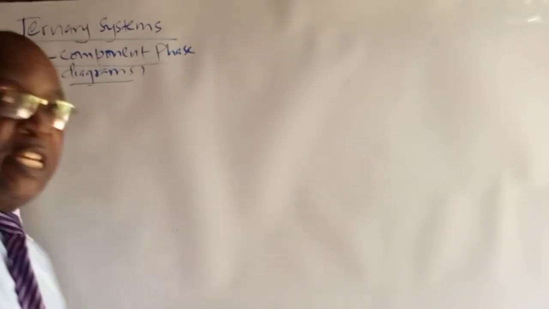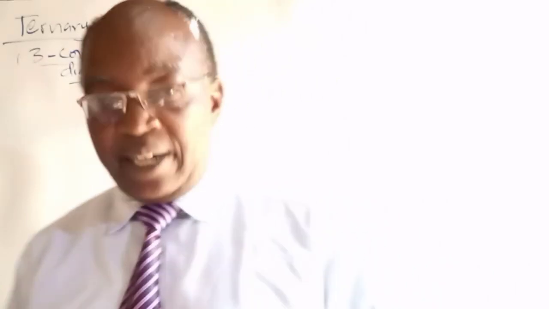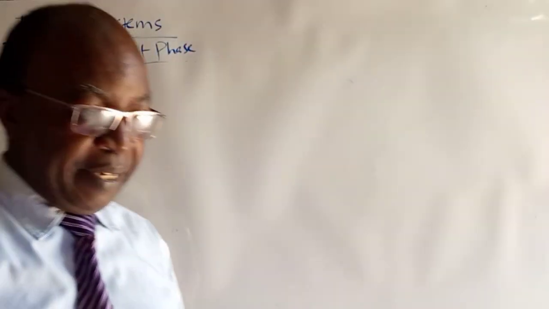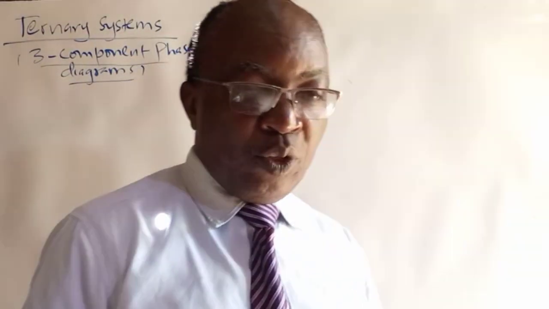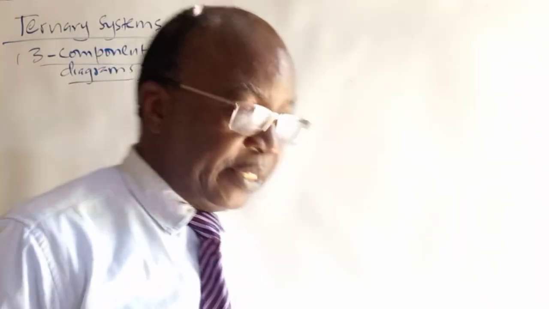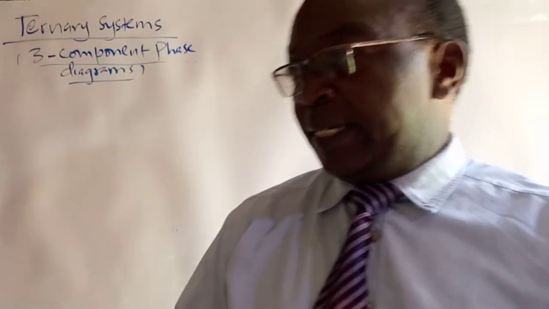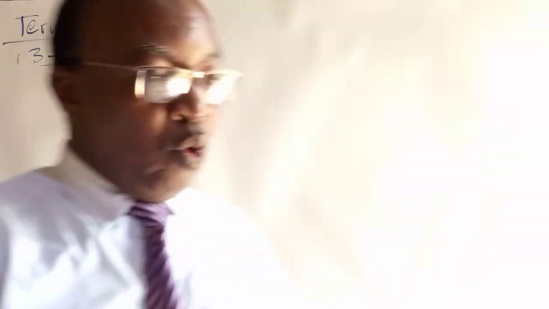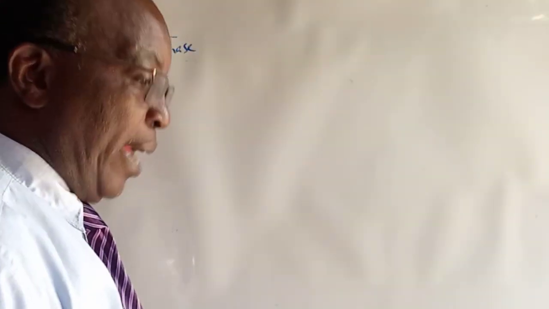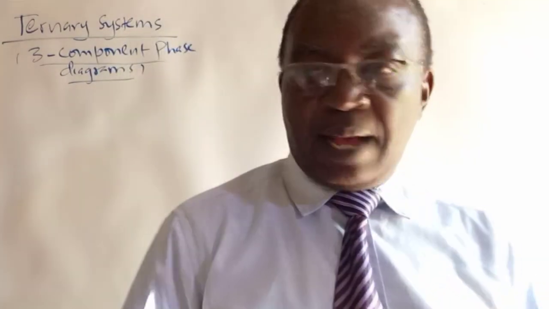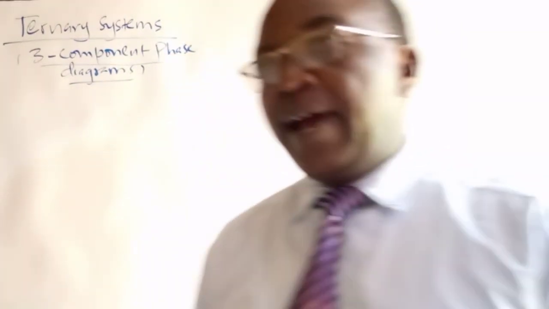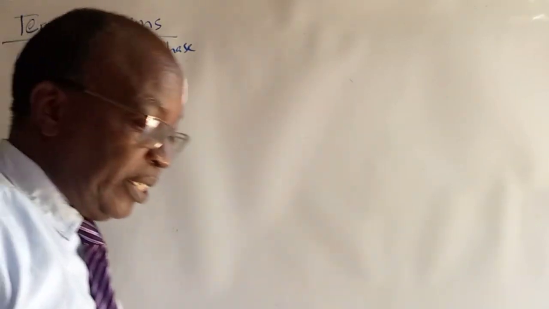Now, we have been used to working with two-component phase diagrams where we developed several principles. We looked at temperature-composition diagrams, and we have looked at single-component diagrams, for example, the phase diagrams for things like carbon dioxide, water, helium, and the likes. And so today we are going to look at a three-component system.